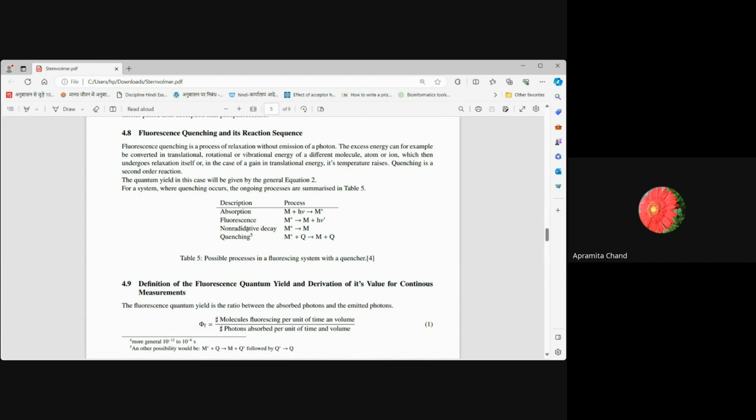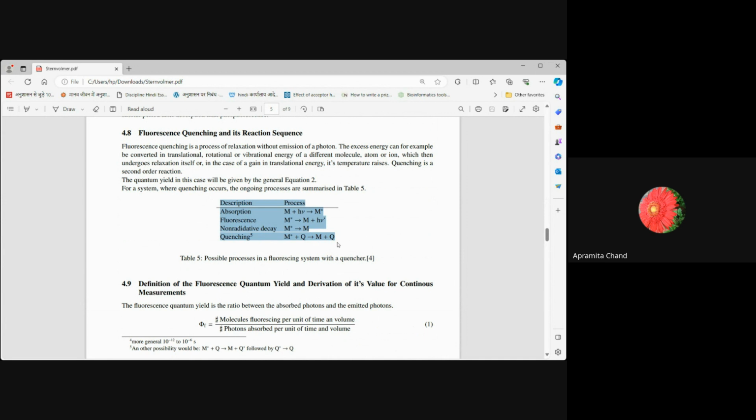The excess energy can be converted into the translational, rotational, or vibrational energy of a different molecule, atom, or ion, which then undergoes relaxation itself, or in the case of a gain in translational energy, the temperature is raised, and quenching is a second order reaction.